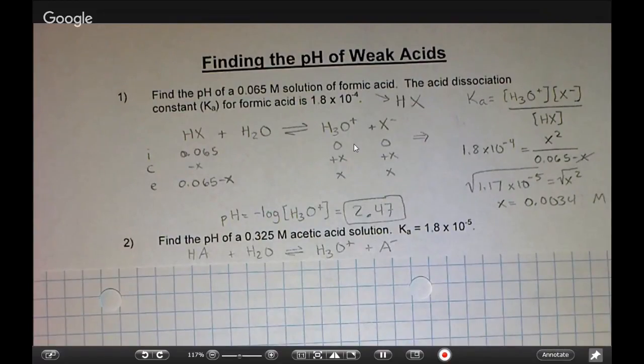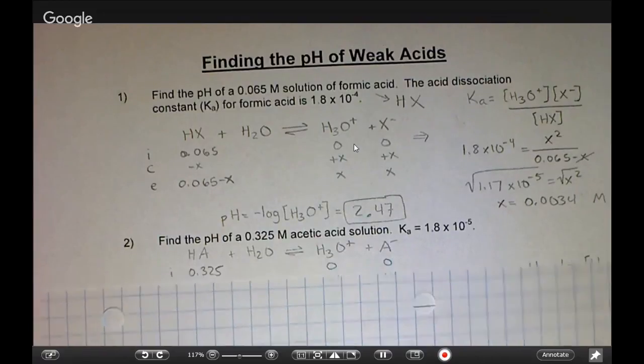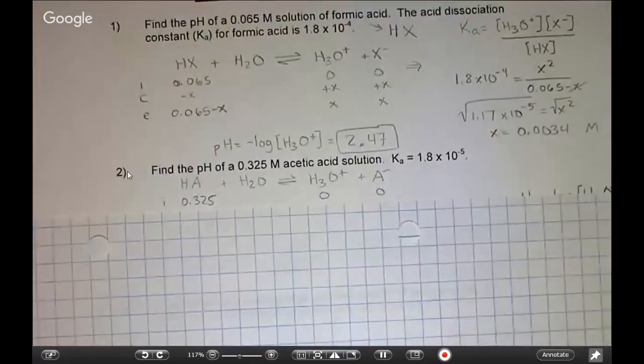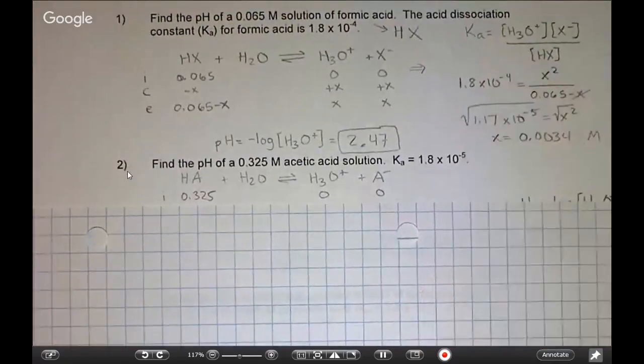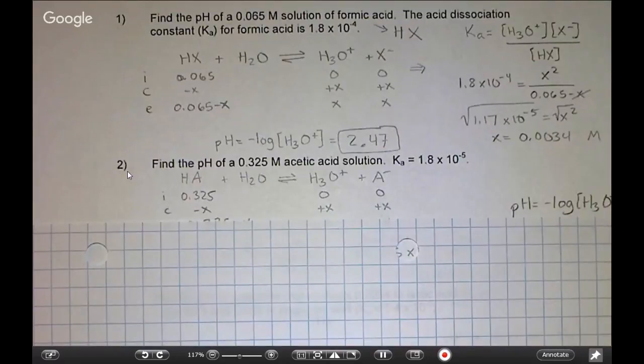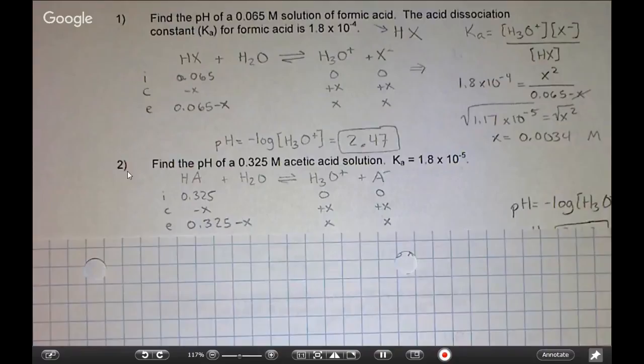But I did HA because acetic acid made sense. So my initial concentration here, 0.325 for HA, nothing for the products. Change is minus X on the left, plus X on the right. So at equilibrium, those are respective concentrations.